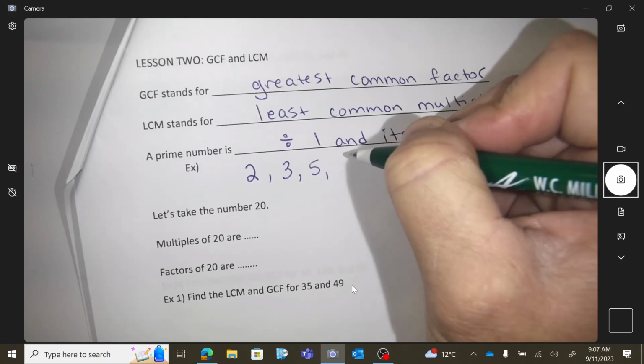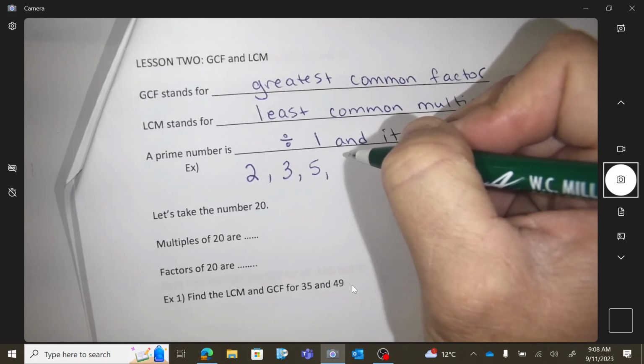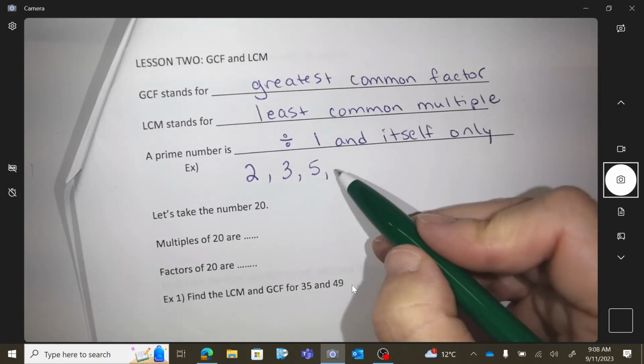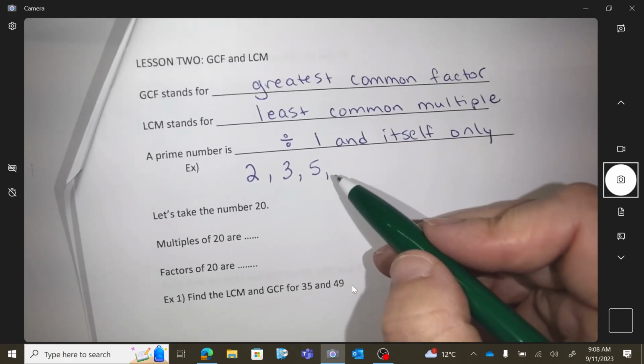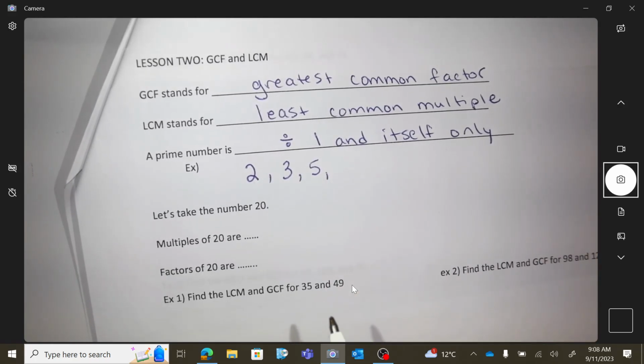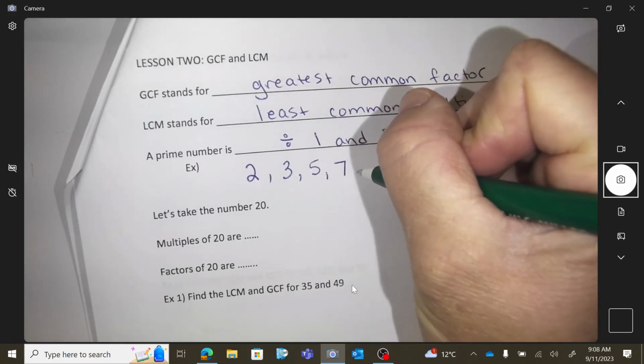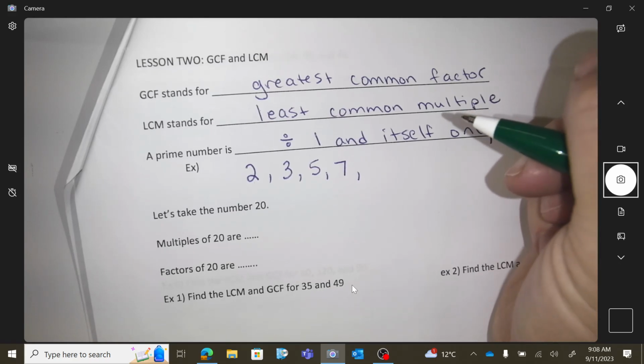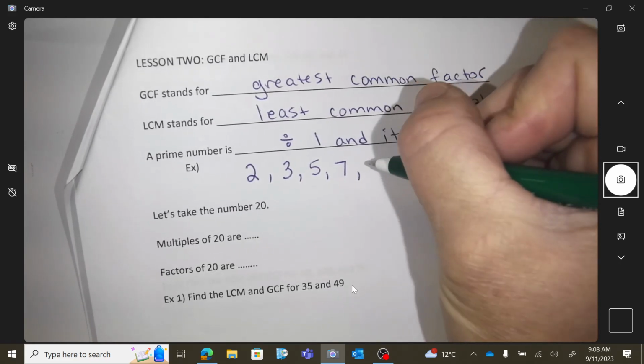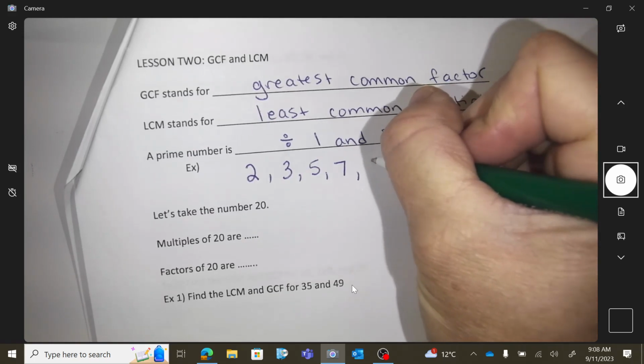Did you know that there's never ever going to be another even one? Does that make sense? 6 is not, 8. There's no other even numbers ever. So 2 is going to be the only one that's even. So the next odd would be 7. What about 9? Nope, because it's got 3. 11.